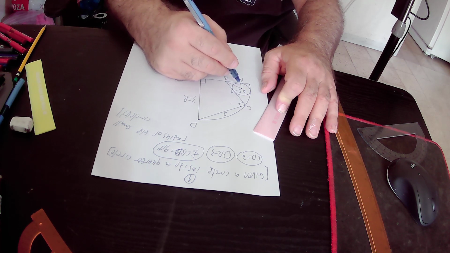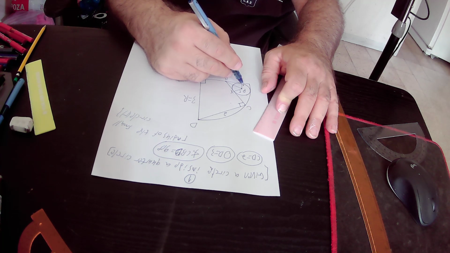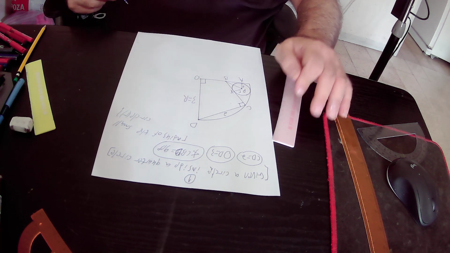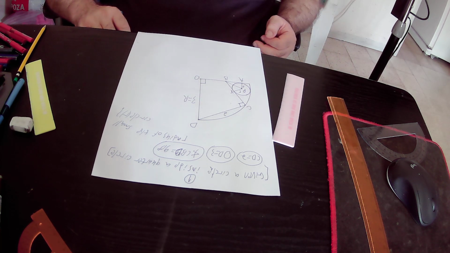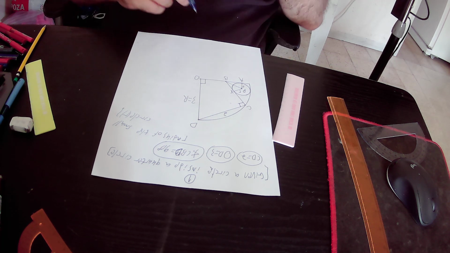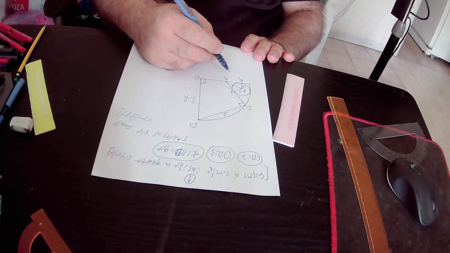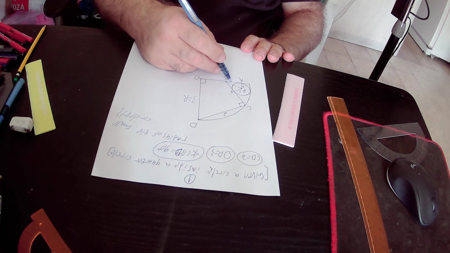And for the same reason, AP is also the radius of the small circle, so I will also mark it as small r. And I will define angle ABP as theta.